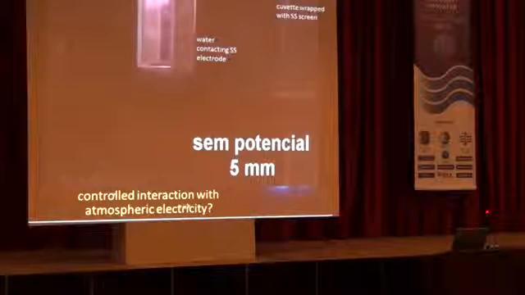And then you can control the humidity. You can go at low humidity, higher humidity. What you observe is this. When you go to higher humidity, the overall surface potential decreases, both positive and negative.